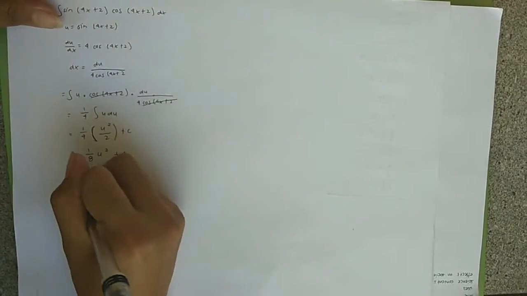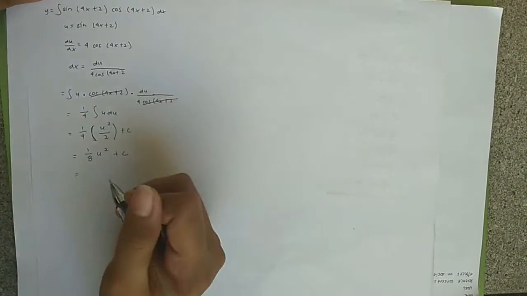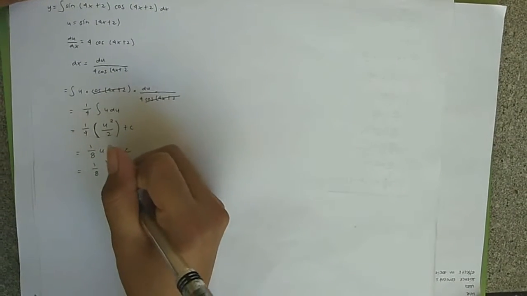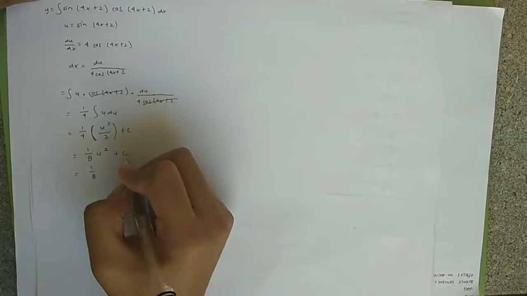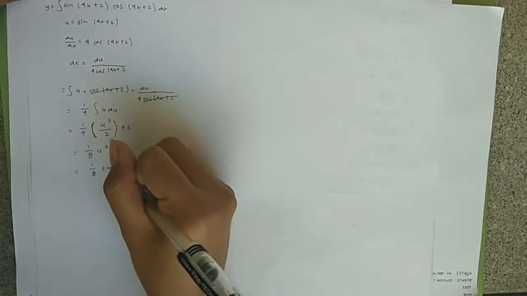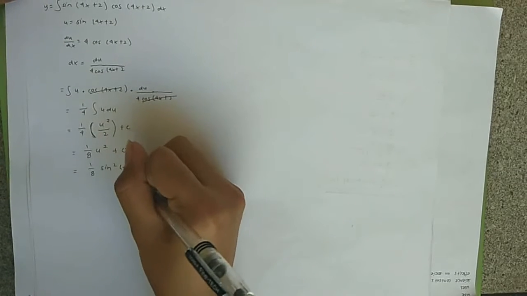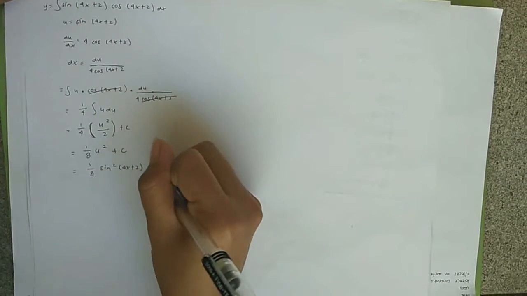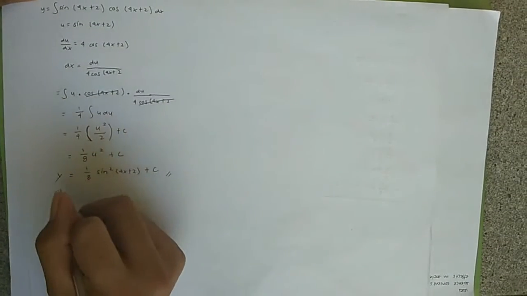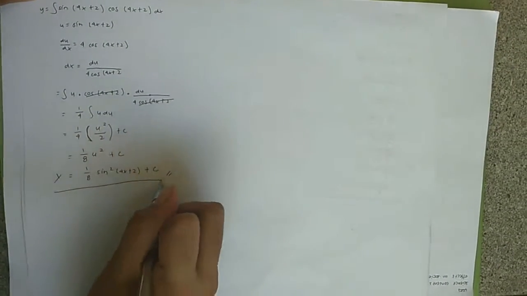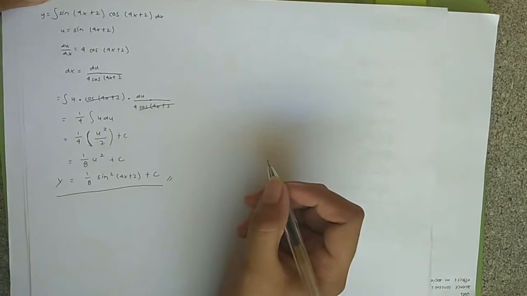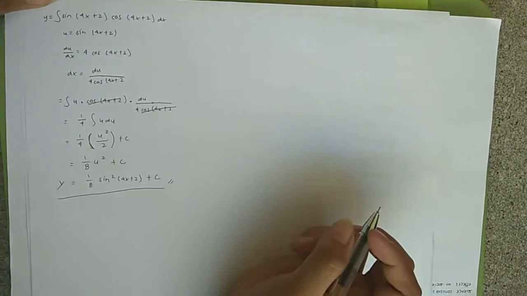Then we're going to substitute the value of u. 1/8, the value of u is sine squared of 4x plus 2 plus c. Now we have the integration of sine 4x plus 2 times cosine of 4x plus 2 dx.